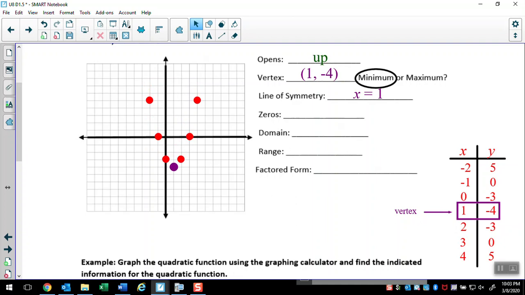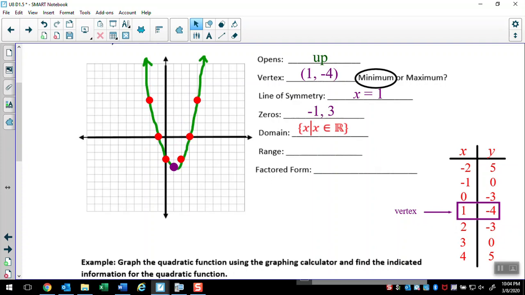Okay, so now we can actually draw in our parabola, which again, hopefully you can draw it better than I could. All right, my zeros are going to be these 2 points right here, -1 and 3. My domain, just like we said earlier, is always going to be this. Anytime a parabola opens up or down, this is my domain.